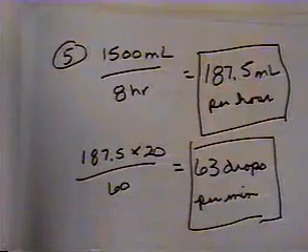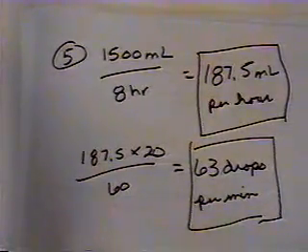Okay, on the next page, number 6. Number 6 says 5% dextrose in water. This is labeled D5W, but that's just telling you what you're giving. This is just sugar water. 500 milliliters to be infused over the next 6 hours.